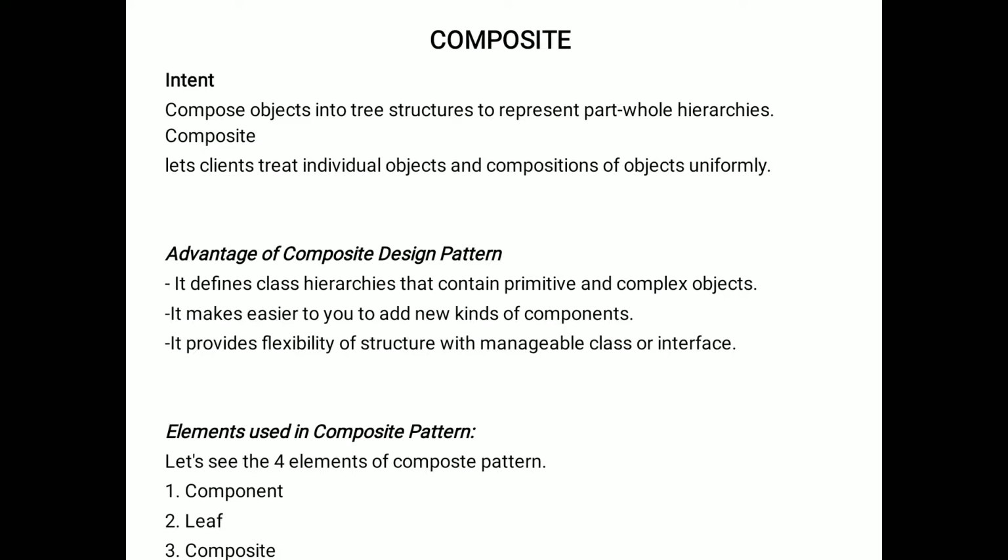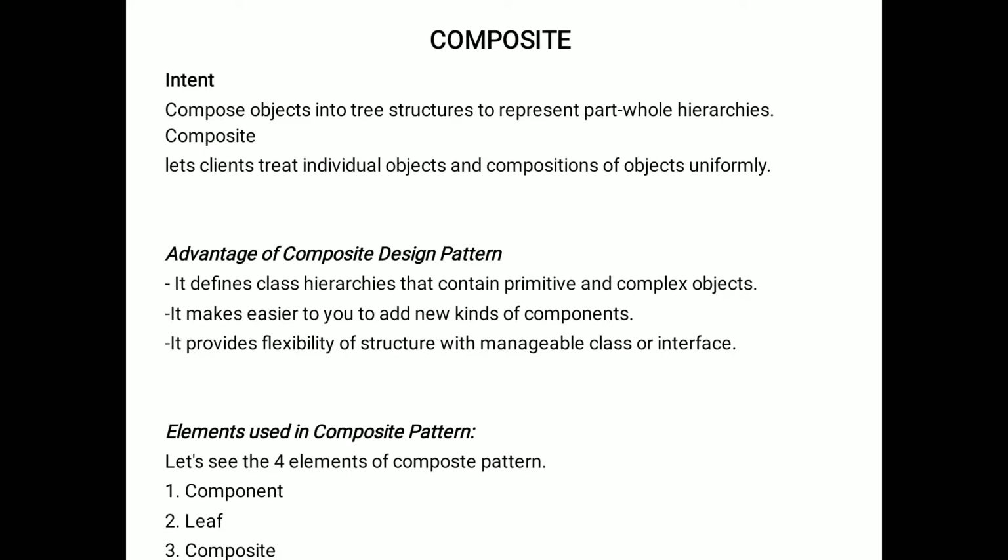The next element is leaf here. It represents the leaf objects in the composition. A leaf has no children, nothing but it is the last element in the hierarchy, the last object or last component in the hierarchy. And also it defines the behavior for primitive objects in the composition. The next element is composite.